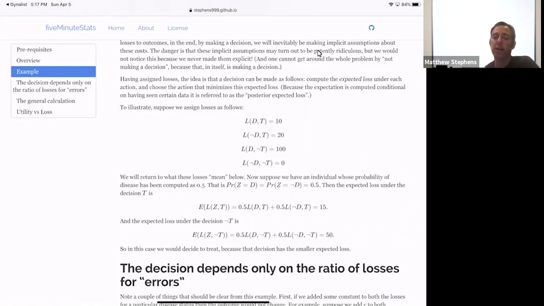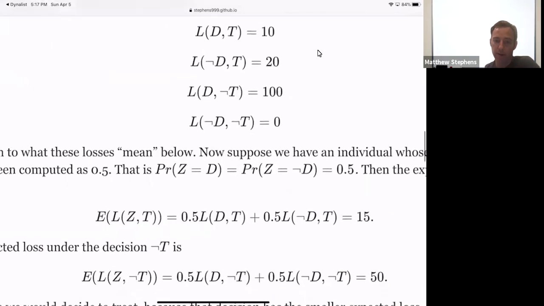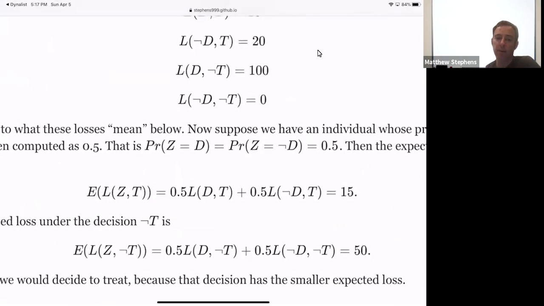Here I've omitted the data, maybe that was a mistake, but I've got that the probability that the individual is diseased is equal to the probability that they're not diseased, which is 0.5. Those should be the posterior probabilities I've computed. So now I'm trying to make a decision: should I treat them or not?